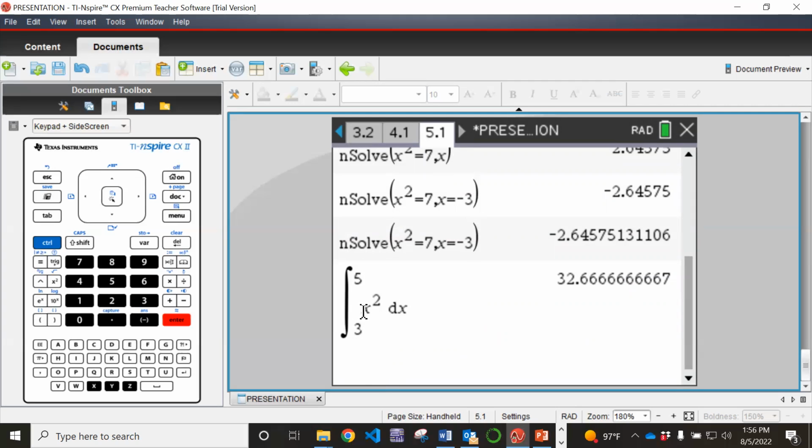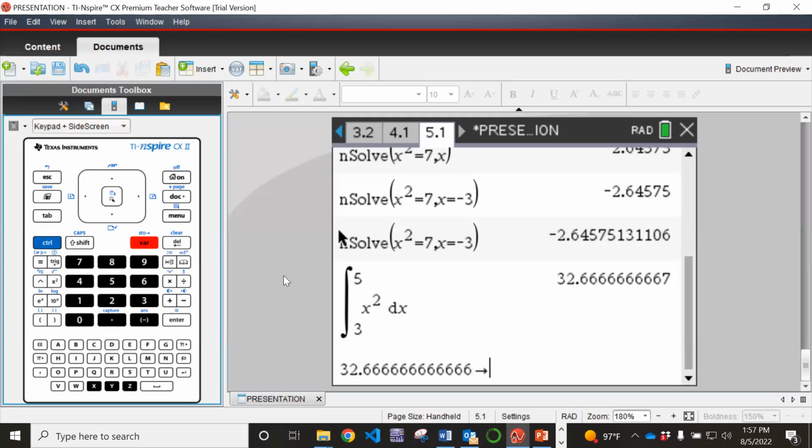And I could have just put in f1 of x right here. Okay. That's a numerical integral, 3 decimal places of accuracy in the final answer. So make sure that you're importing as much as you need. If I need to use this expression later, I could actually go up, hit enter, copy it down, and then store that over into another variable.